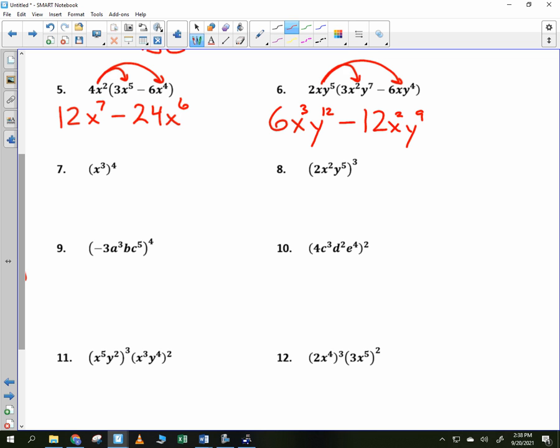I have 6x cubed, y to the 12th, minus 12x squared, y to the 9th. Did I do that correct, or did I make a mistake? Good?